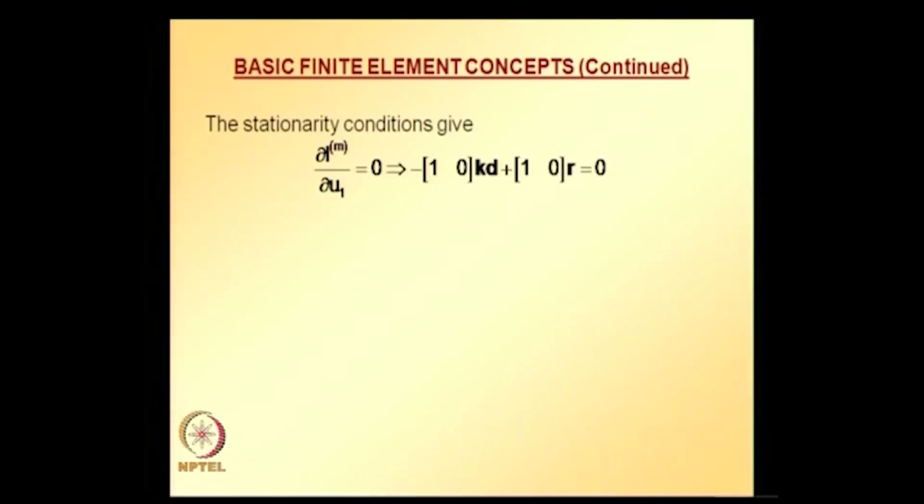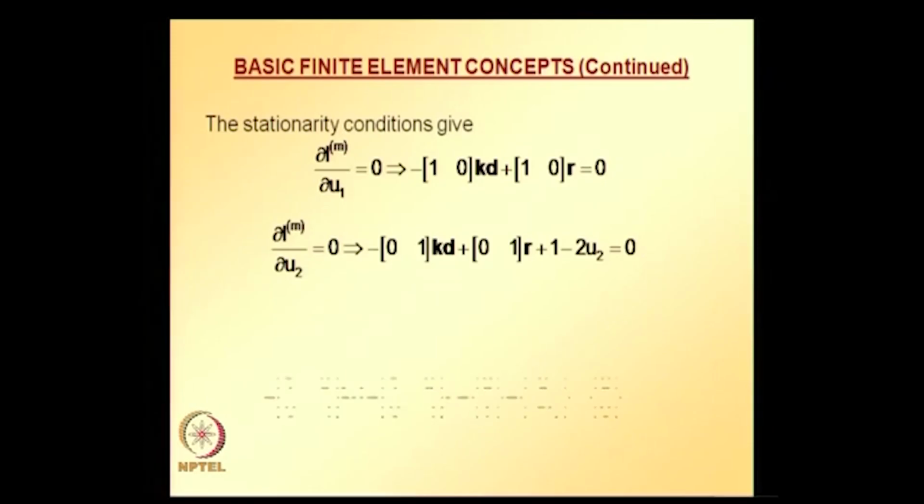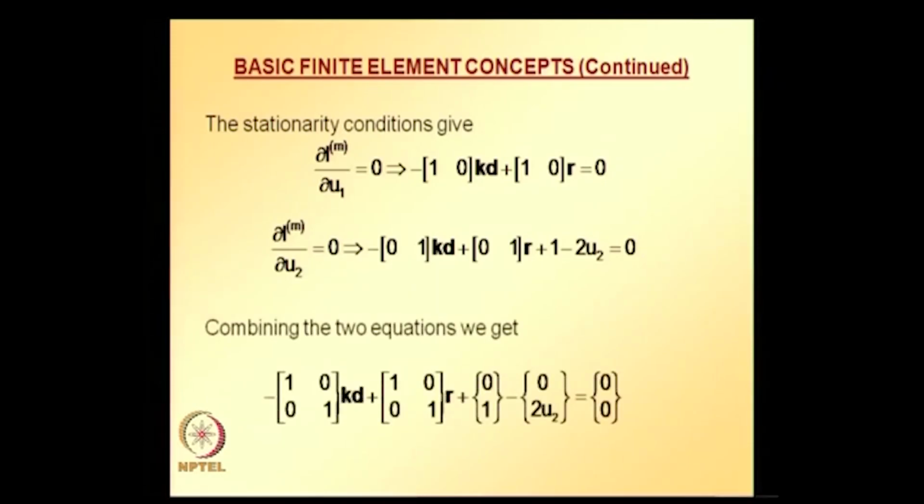The second equation, the partial derivative of I with respect to u2 is equal to 0, you get the second equation, again similar to what you had done earlier. You put these two equations in matrix form, and you get this equation system.